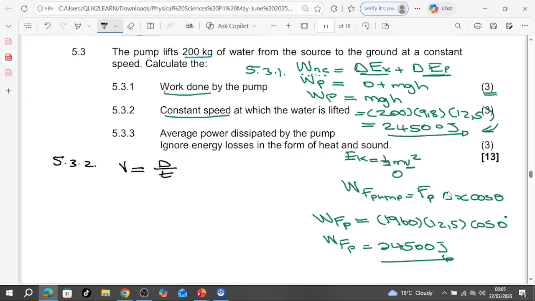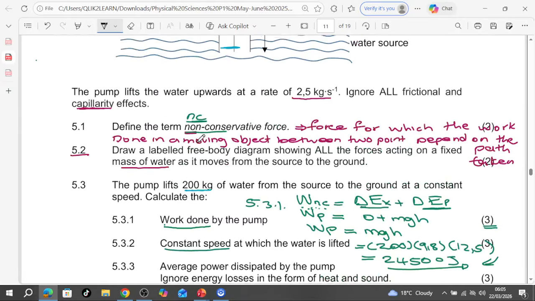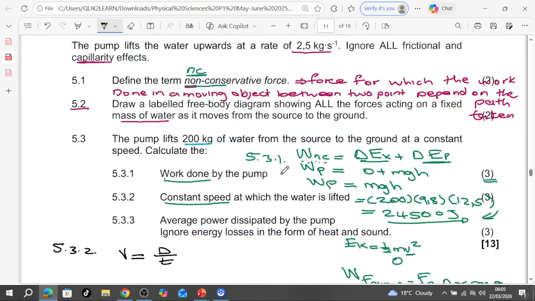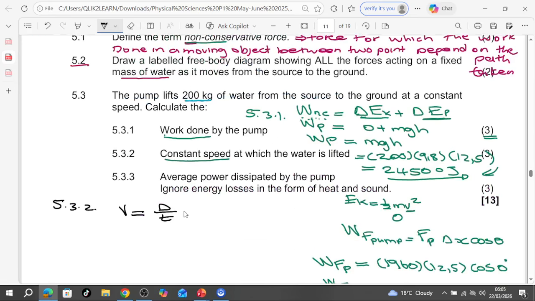So now the distance, we know that is 12.5, but what about the time that it will take for the water to travel that 12.5? We need to find that. So to find the speed, we're going to say this is 12.5, and we're going to divide that by delta t.